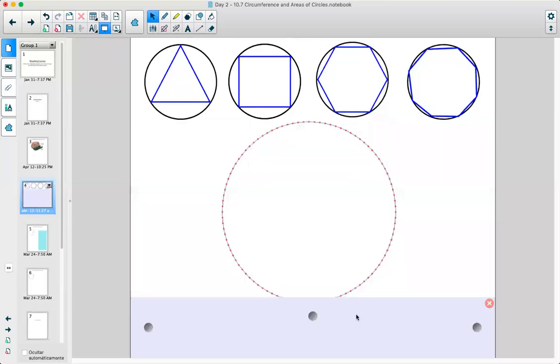For example, notice these pink or red points. They are all a representation of a vertex of a polygon. And I believe this polygon has 100 sides. Notice what's happening. These vertices are getting closer to one another. Eventually, they're going to get so close that it creates a circle.